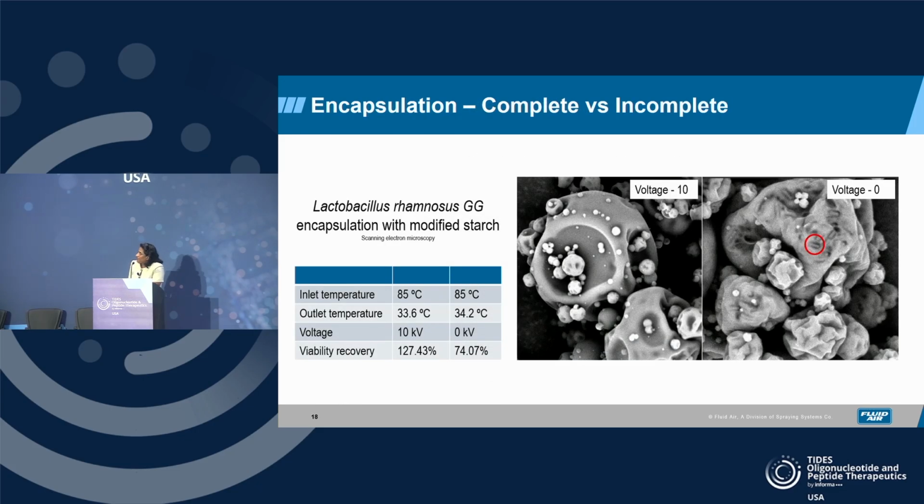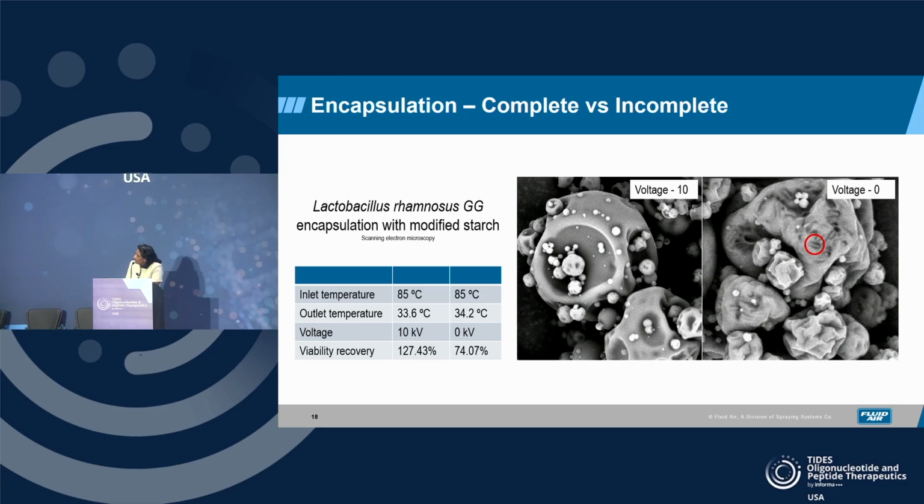Another example for encapsulation, electrostatic drying has been extremely successful in the field of microbiome and agricultural bacteria. The bacteria get more efficient encapsulation. Here we demonstrated using lactobacillus, which have a pili, which show affinity towards the charge. And the way we show it is when we see viability recovery and shelf life.